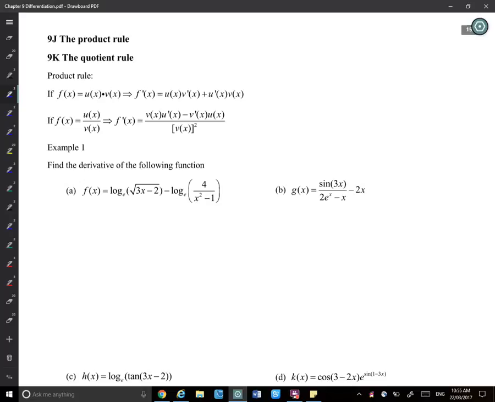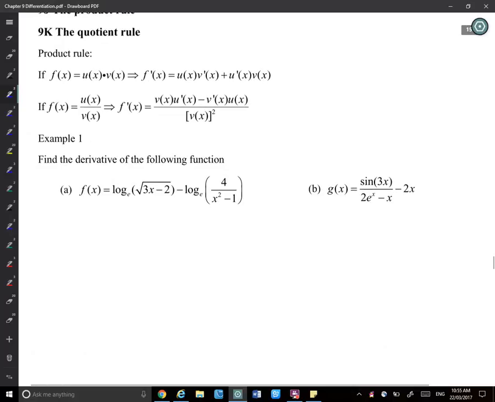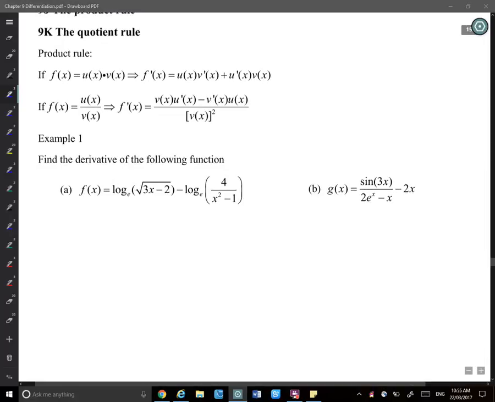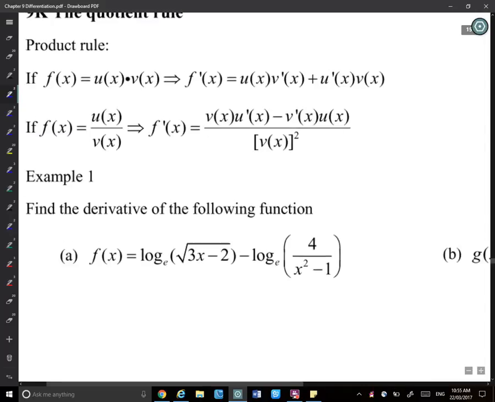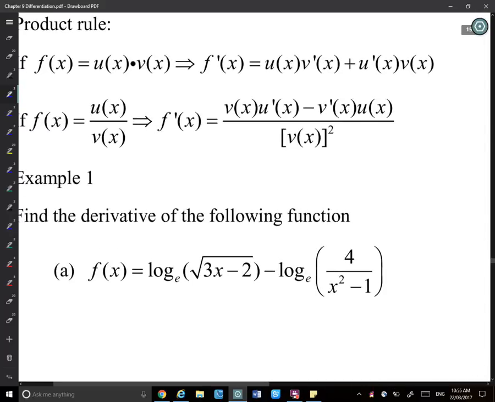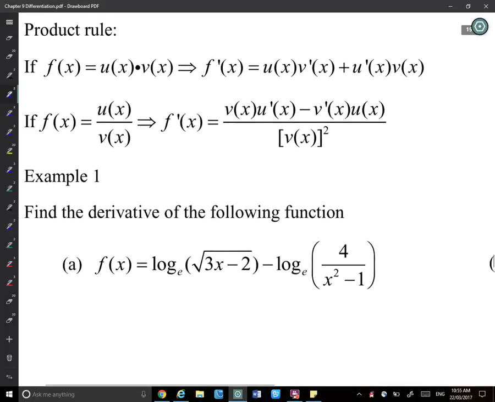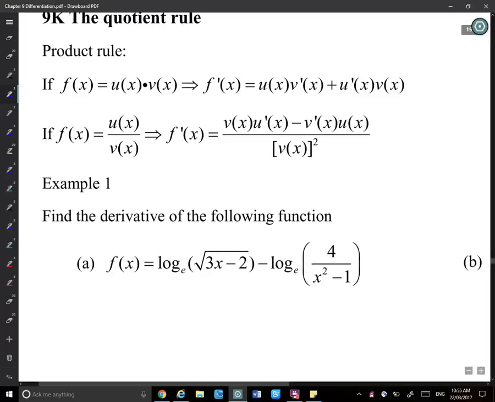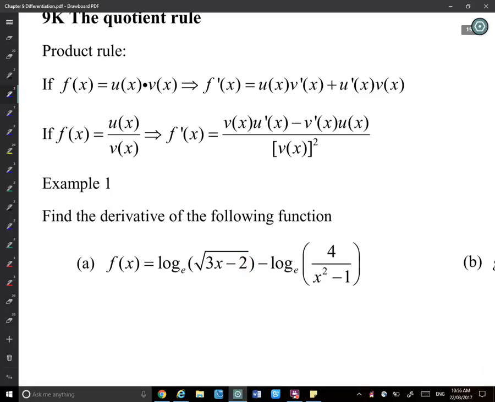If you have f(x) equal to u(x) times v(x), one function times another function, then the derivative will be u(x) times v dash x plus u dash x times v(x). So you keep one function and derive the other, plus you keep the other one and derive the first one.